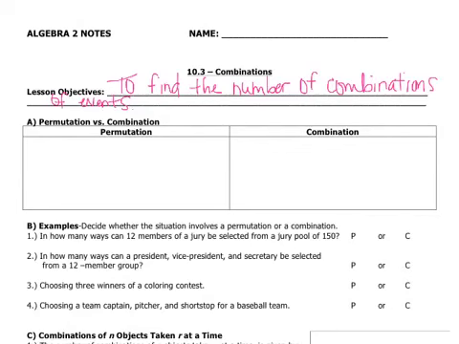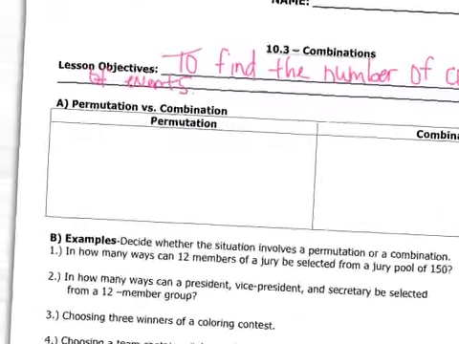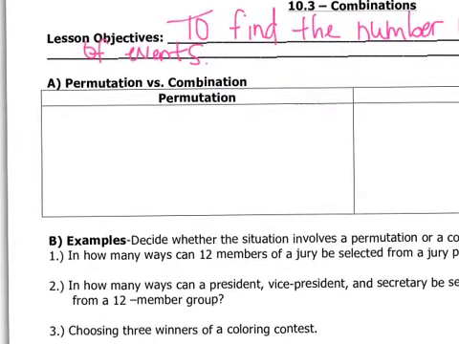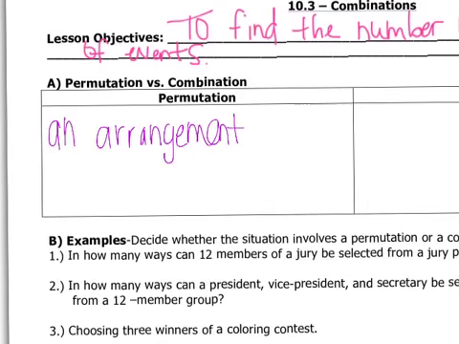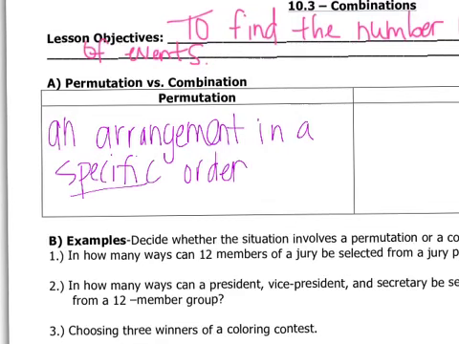All right, so what you should have looked at with a permutation, this is an arrangement in a specific order. Keyword: specific order.